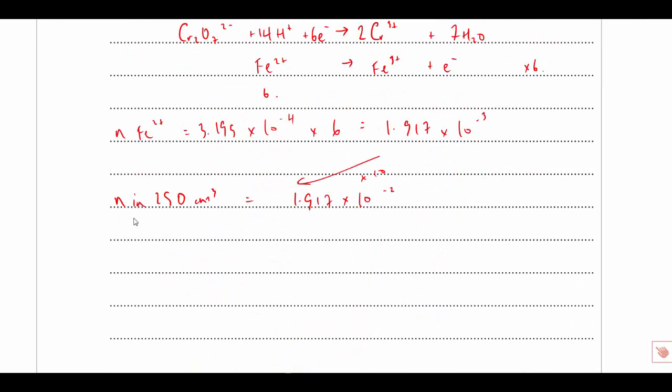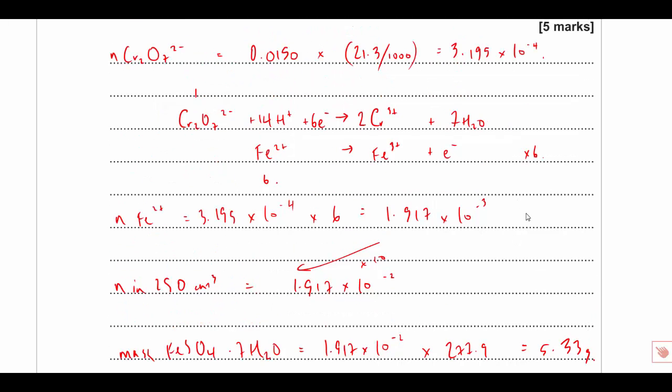So we've got our moles, we're just doing the mass then of the FeSO4 7H2O. We know the moles of it because the moles have all come from the Fe2+. So it's 1.917 times 10 to the minus 2 times 277.9, which is our Mr of the compound, and that's going to give us 5.33 grams.